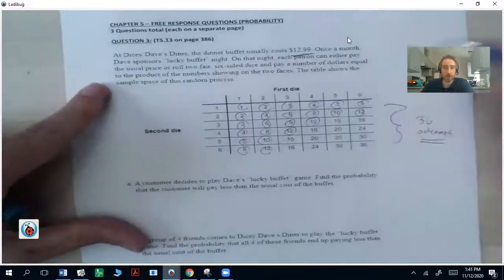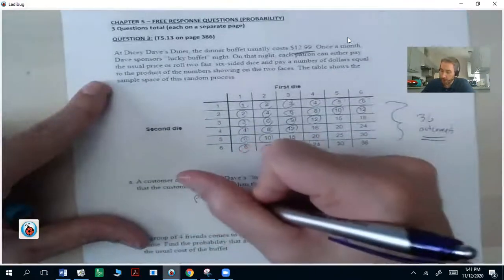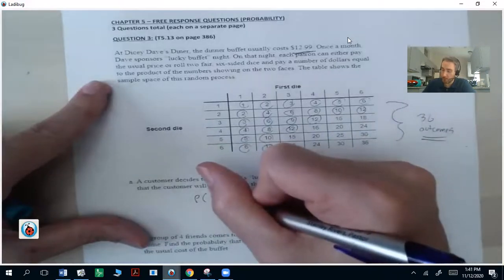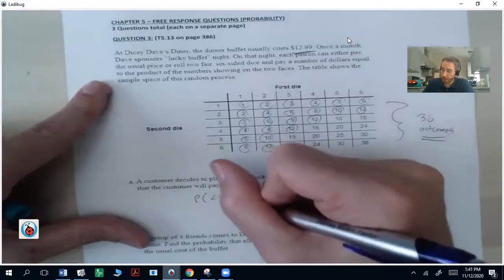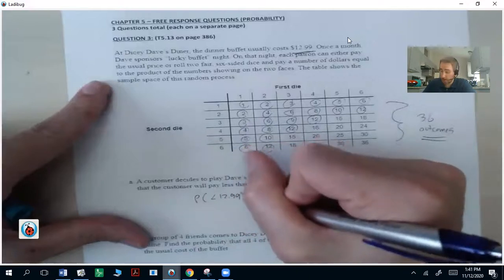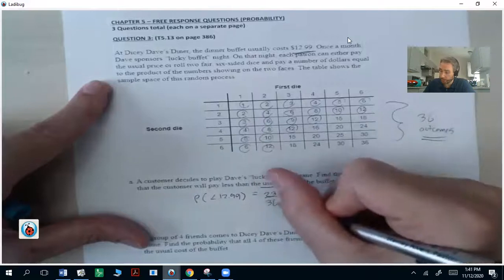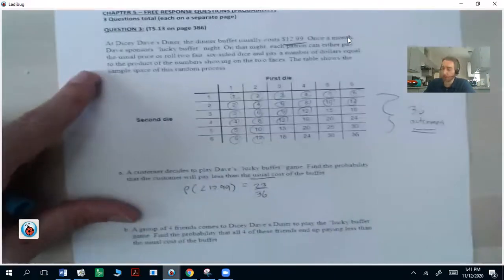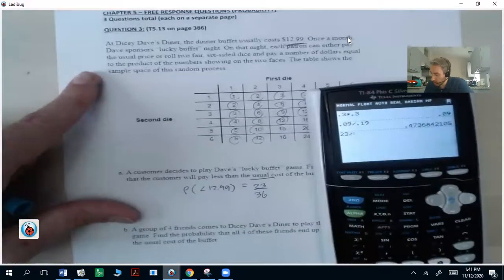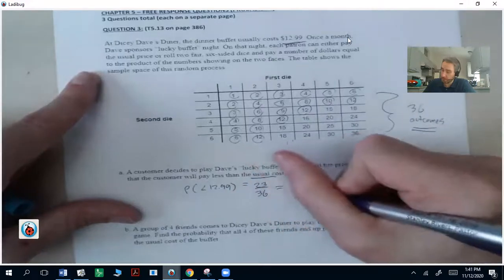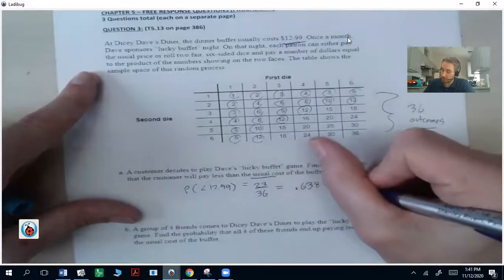You can circle them to show work, but the probability of less than $12.99 is going to be 23 out of 36. Or as a decimal, approximately 63.89%. Pretty good, right?